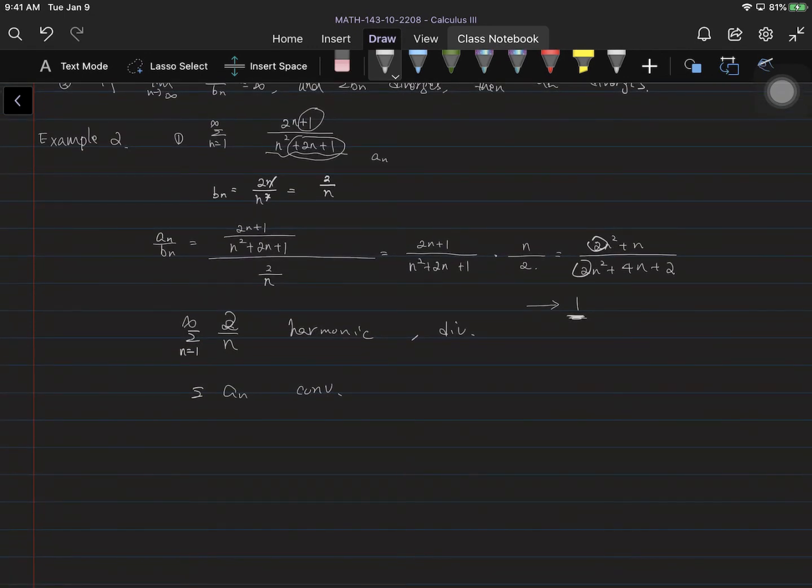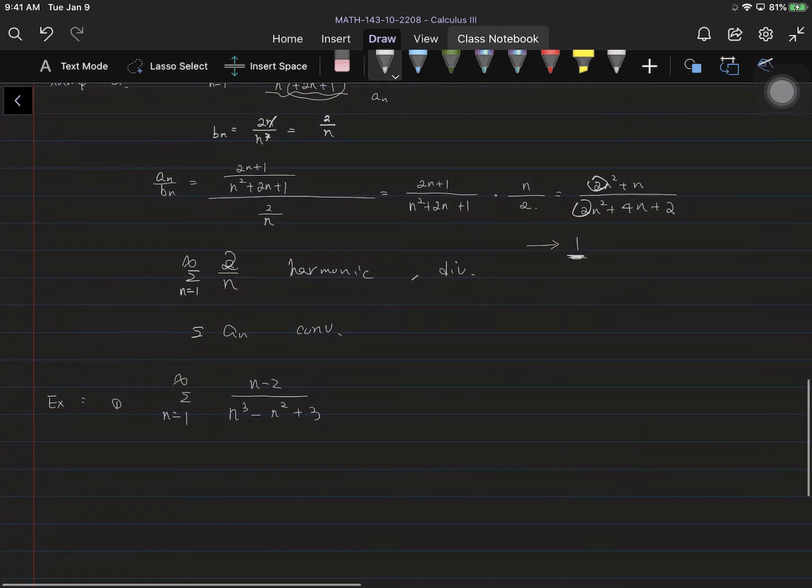Okay, let's take a look at another one. Let's do the exercise. We can skip it, this is a pretty easy one. Okay, let's try to do them in the exercise problems. The first, second, number 3.